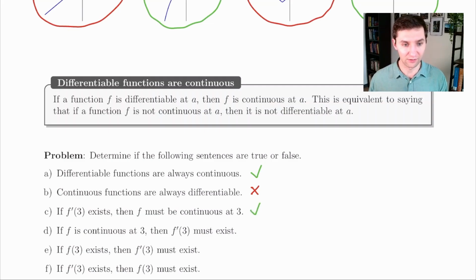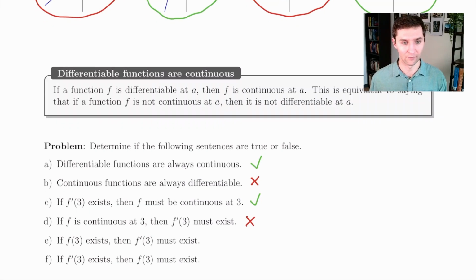What about part D? If the function is continuous at 3, then the derivative at 3 must exist. I believe this is false. Just because the function is continuous does not mean that the derivative must exist. It can, but it doesn't have to. So I will say this is false. If f of 3 exists, does it mean that f prime of 3 exists?